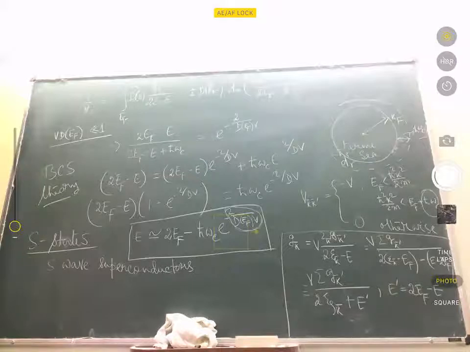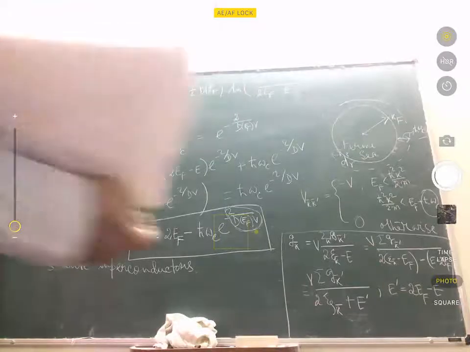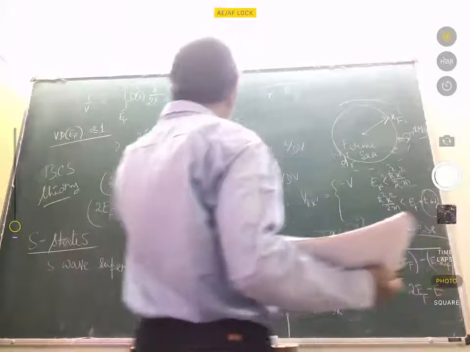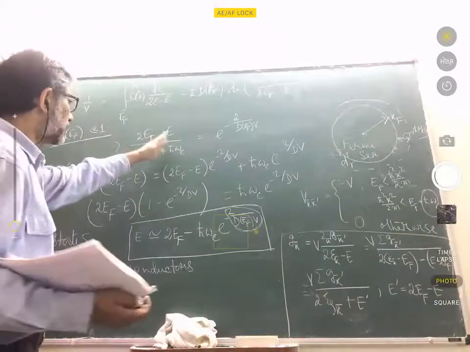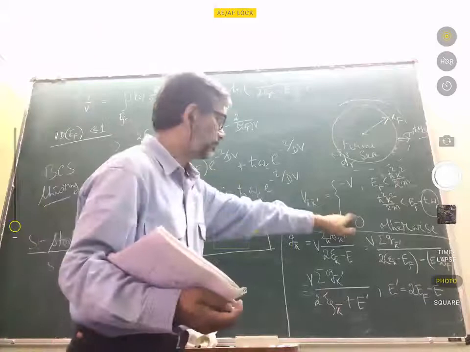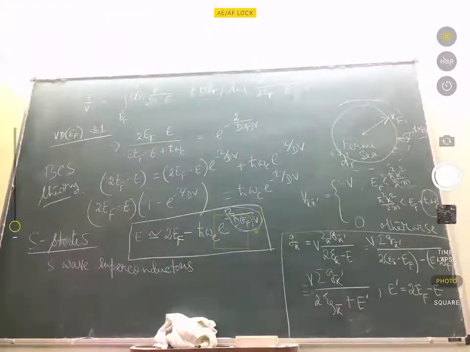No. H cut omega c is not the increase in energy. H cut omega c is sort of the cutoff energy beyond which this potential would go to zero anyway. So the two electrons are within a range epsilon f to epsilon f plus h cross omega c. Okay, and the energy is decreasing actually, not increasing. Yeah, the energy is decreasing. That's the whole point. Any attractive interaction you have, no matter how small, will lower the energy.